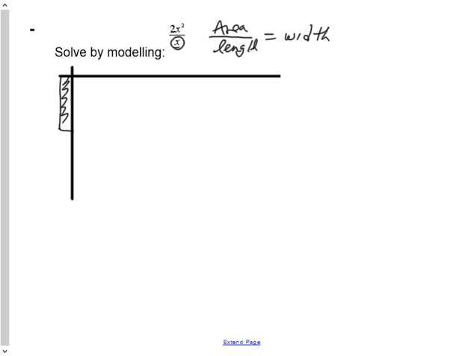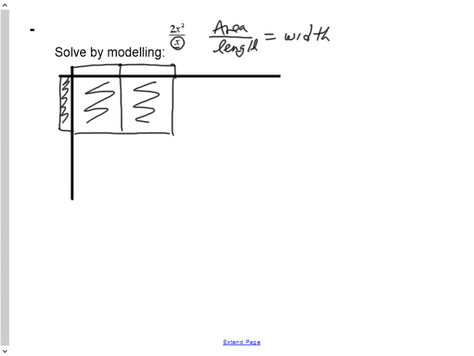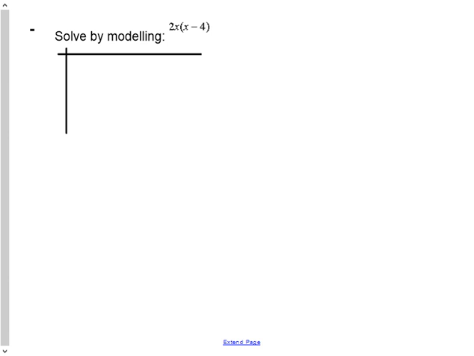Then I'm going to draw my length first, and then put in my area here. So my area is 2 positive x squared tiles. And therefore, once I draw that, I know that my other missing side is going to be 2 positive x's. And therefore, the solution, or the missing width, is 2x.